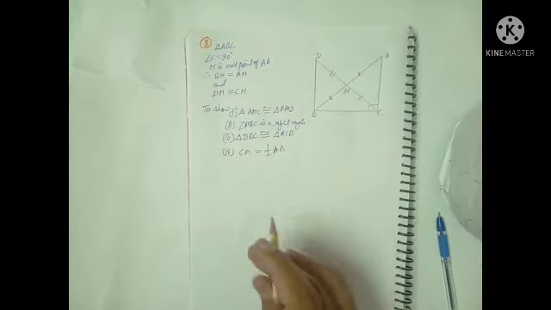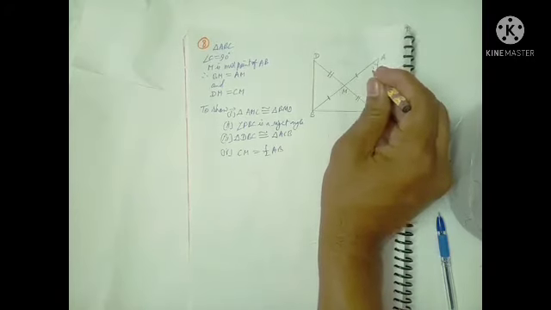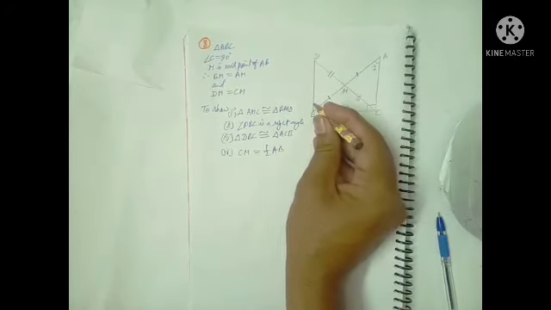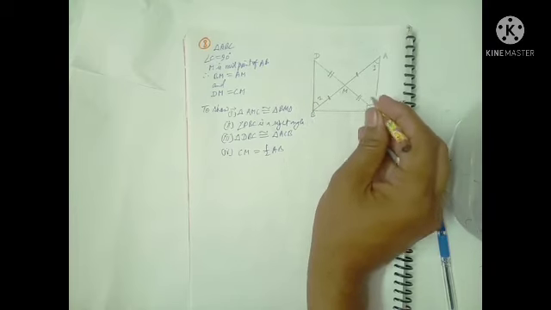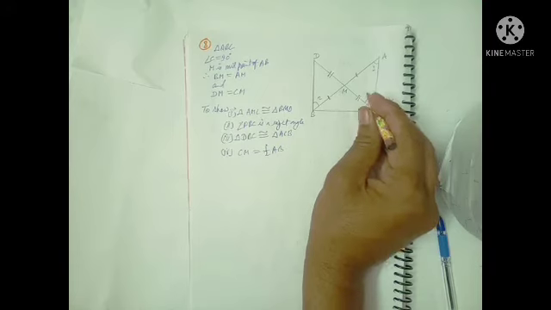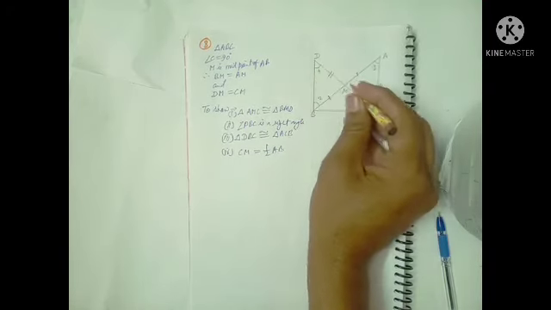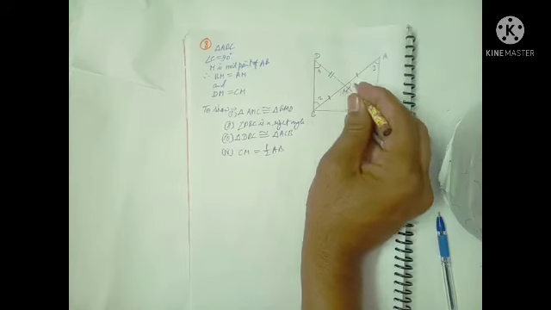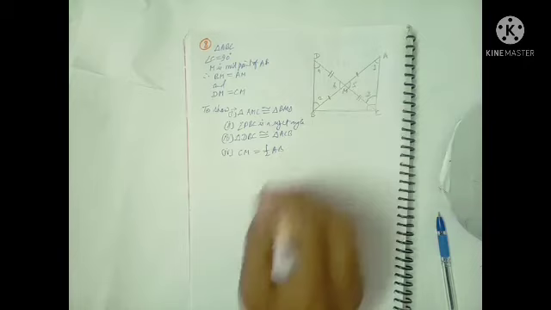So we have to do some construction also. Let this be angle 1, then this is angle 2. Here this is angle 3. Construct this angle 4, and this is angle 5, and here construct this angle 6.